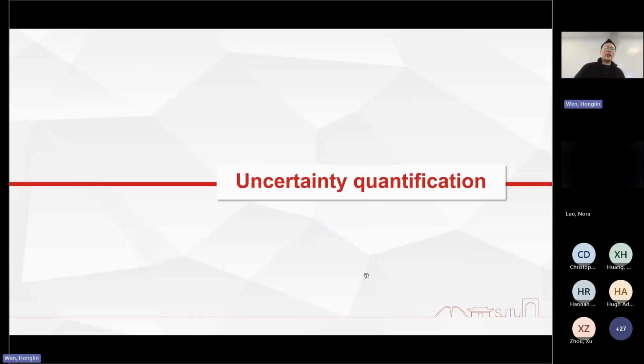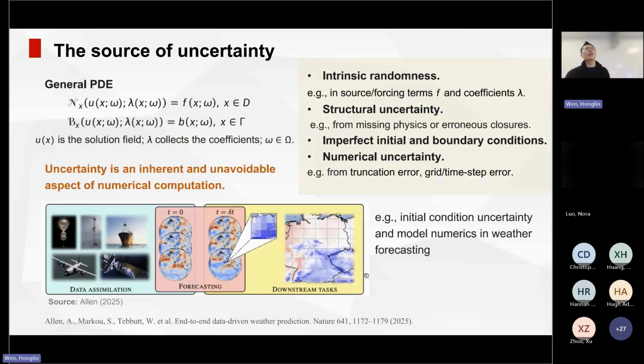About uncertainty quantification. As I mentioned, in the lab, if you manipulate a PDE, there is no randomness, right? But, for example, for the Earth system or climate modeling, obviously you cannot have an accurate model.